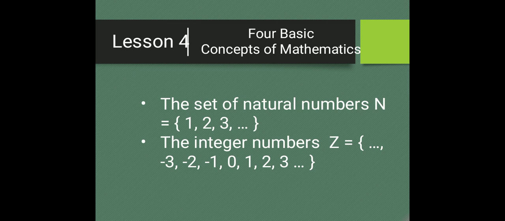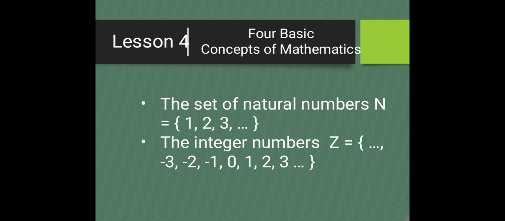Okay, next one. The integer numbers. Okay, the set of integer numbers. So, sa mathematics, kapag nakakita ka ng set na letter Z na naka-capital letter, yan yung tinatawag nating integers. Ano ba yung integers, sir? Okay, sa mathematics, integers consist of negative numbers, 0, and the positive numbers.